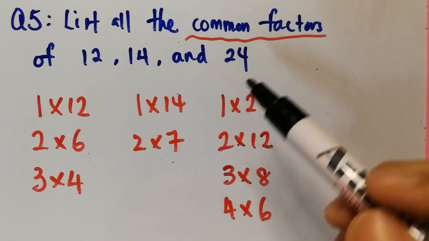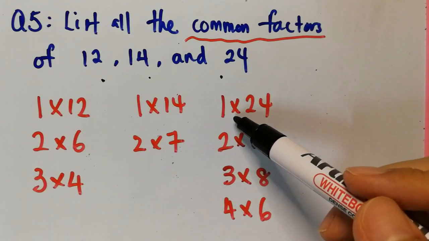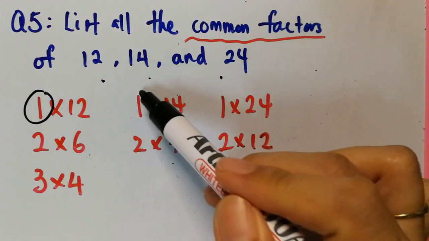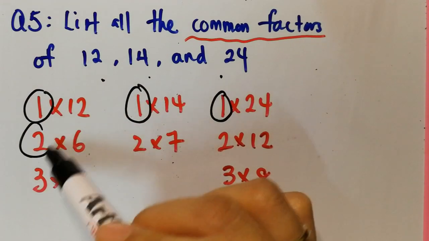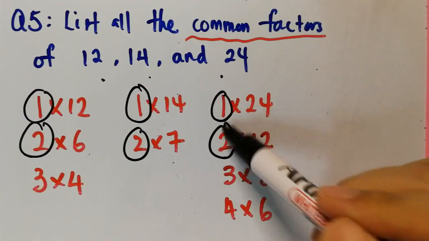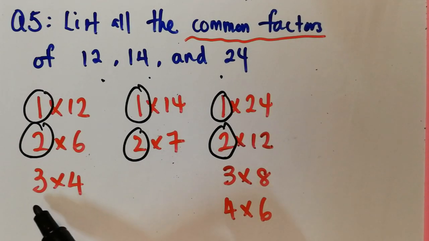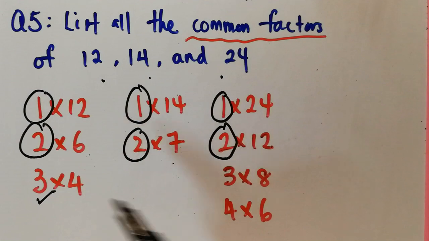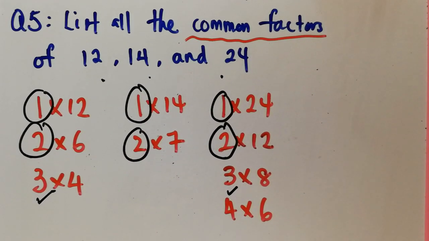So when we have listed out all the factors, now we want to circle the common factors. If I have 3 numbers here, all 3 of them must include this number, like all of them have 1. Next, all of them have 2. Any others? If only 12 and 24 have 3, can 3 be your answer?